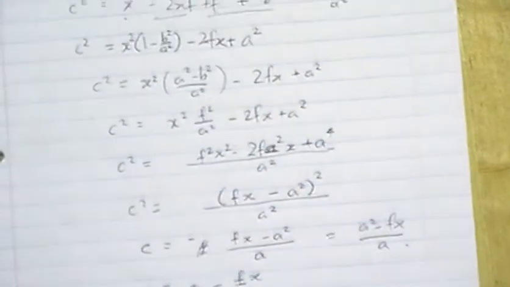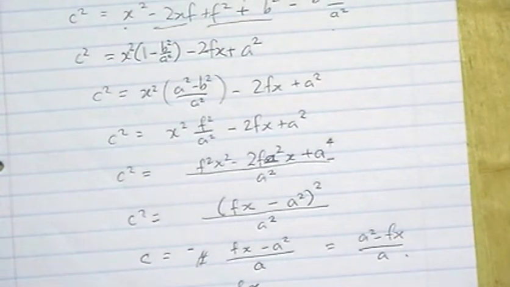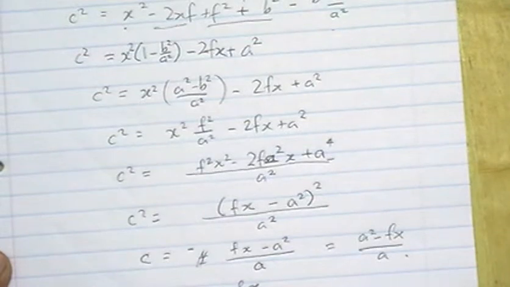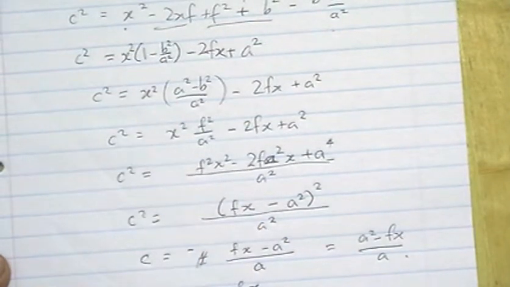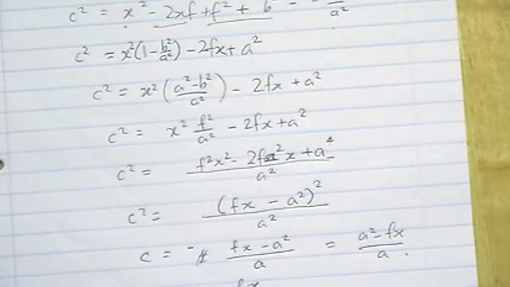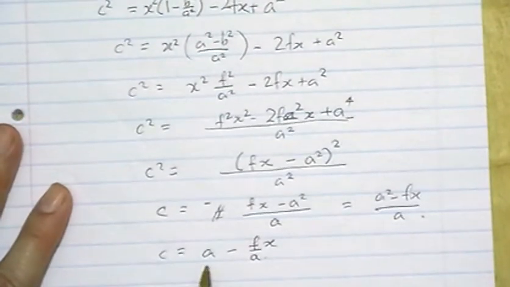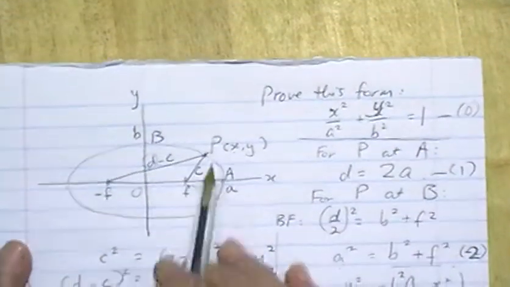Now, is it possible that we could actually obtain this without going through so much algebra? Let's have a quick look. Now we have c is equal to a minus f over a times x. We have a look at this picture.